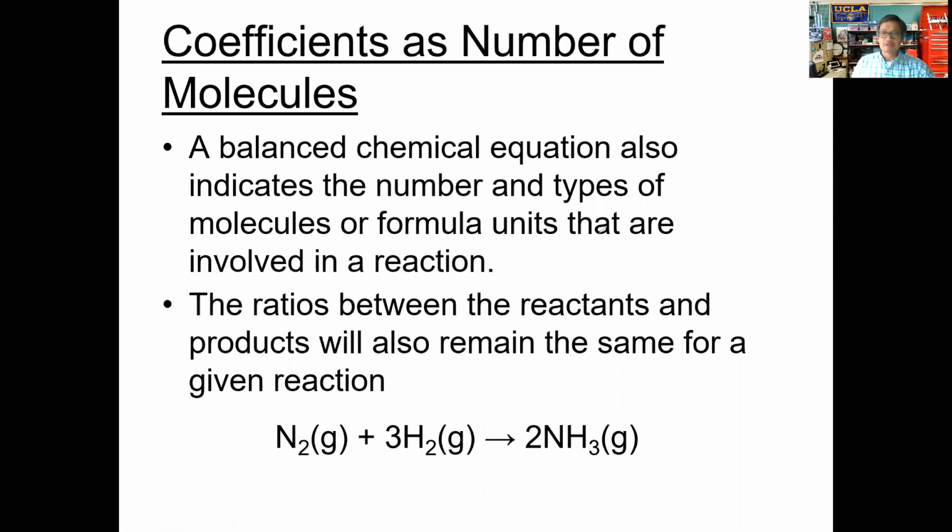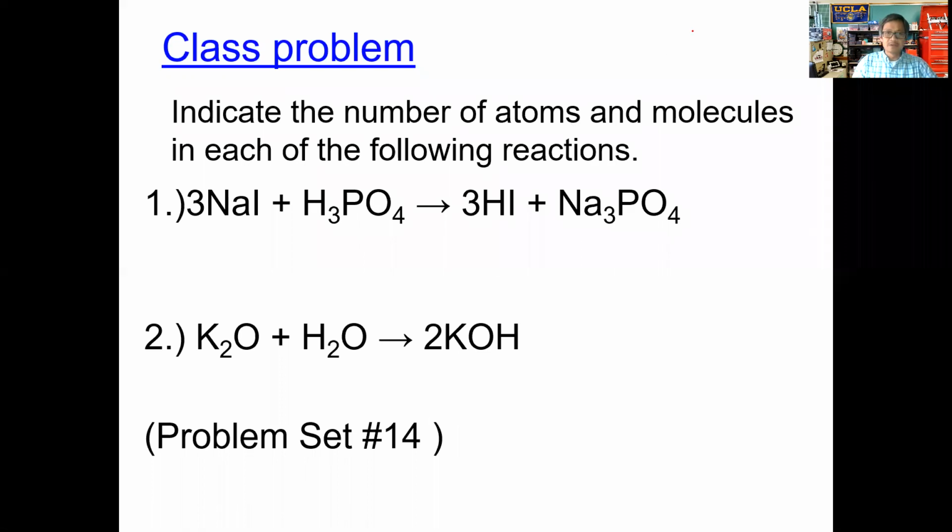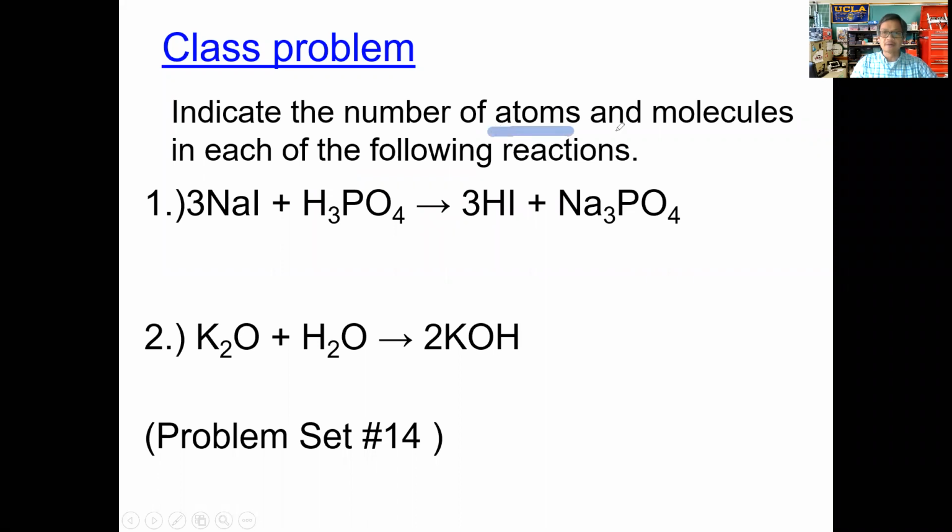All right. So with that said, let me ask you to do this. I've run out of time here. I want you to take a look at number 14 in your problem set. It's asking you to interpret this in terms of total number of atoms and in terms of total number of molecules, and I want you to do this on your paper, for submission.